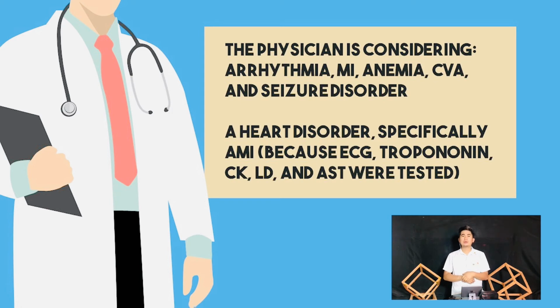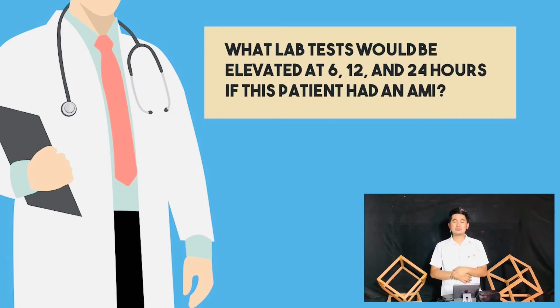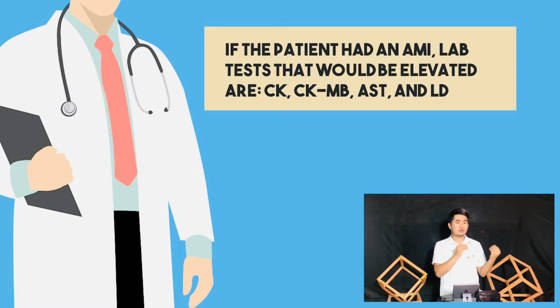Number 2, what lab tests would be elevated at 6, 12, and 24 hours if this patient has acute myocardial infarction? If the patient has an acute myocardial infarction, lab tests that would be elevated are the following. First is the creatine kinase. Next is creatine kinase, specifically the MB, and the AST and the LD.